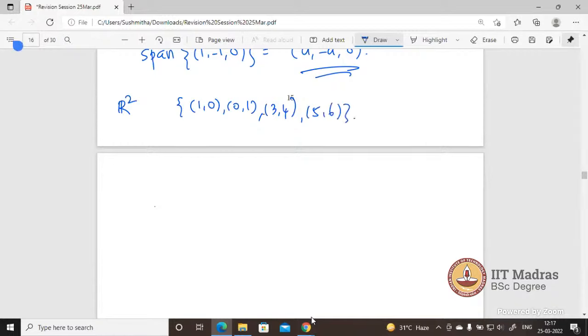Yes. But these are all unwanted, no? Correct. That is why I remove it and bring it to the minimal spanning set. So I can modify my statement and say that all supersets of a basis are spanning sets, right? Yes.